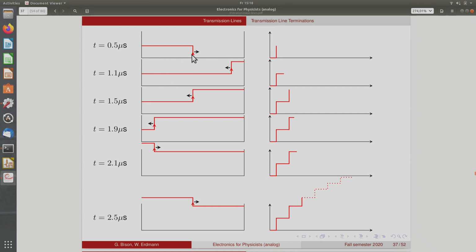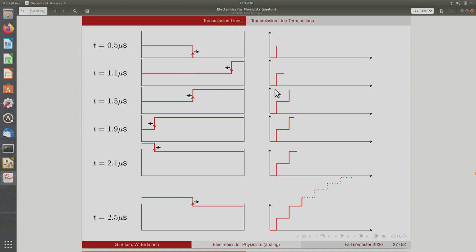Now after 1 microsecond it reaches the point here, is reflected, and the reflected value comes back with a positive sign and adds itself to the incoming. Okay, so since the incoming is still there, what we see is not a step here, but we see a step on top of a flat value. So this wave is now traveling backwards and is added to the 1 volt from the first level.